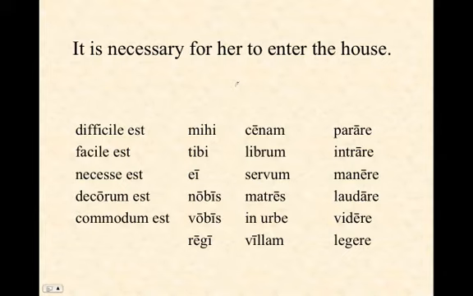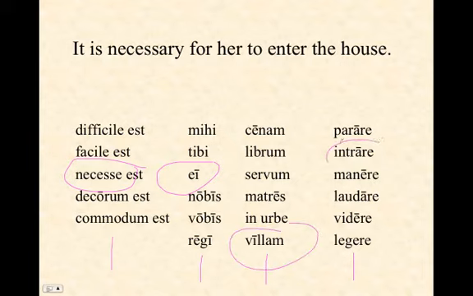All you're going to need to do is select an item from each of these columns, keep them in this order, because I've got your adjective element, your dative element, your object, and then your infinitive already set for you. And so, necesse est, ei, and then we're going to jump to our object, the house, domum, to enter, intrare.